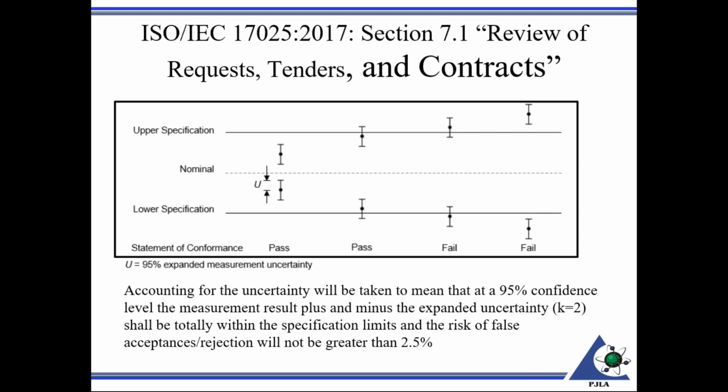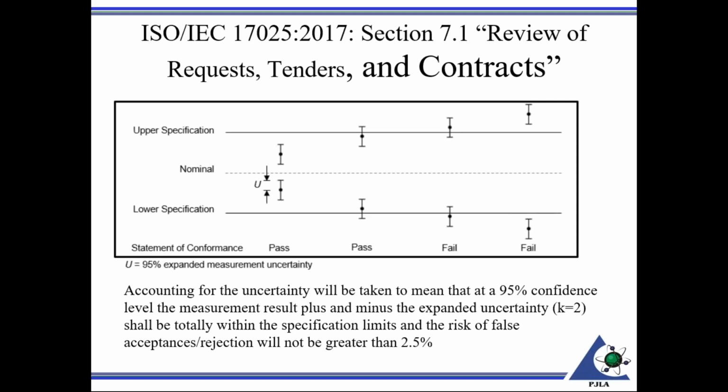So for additional guidance on this decision rule, and I have done webinars on here, if you want some additional information, feel free to go back and listen to those recordings. Also, ILAC has a guidance document, very good, guidelines on the reporting of compliance with specifications, which is ILAC G8.